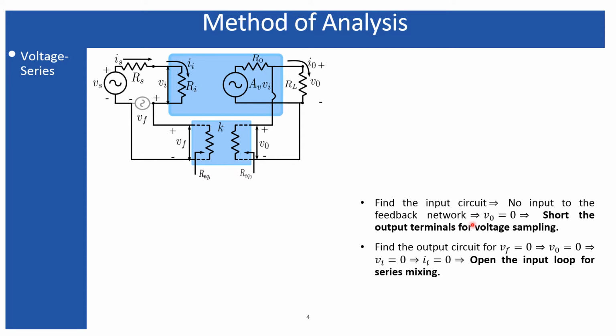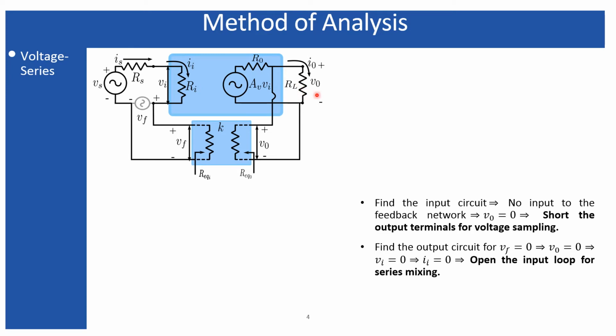Since it's a voltage series amplifier, the signal that is being sampled from the output is voltage, and I'm going to find out the input circuit. So in order to do that, I have to consider the output voltage to be zero. Output voltage is zero means the voltage appearing at the input of the feedback network is zero, because incorporation of the equivalent impedance into the original circuit follows similar steps to those by which I calculated the output impedance.